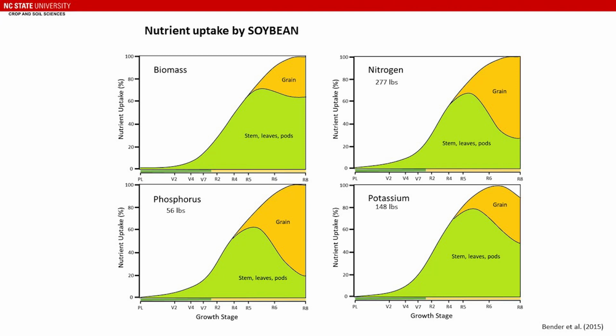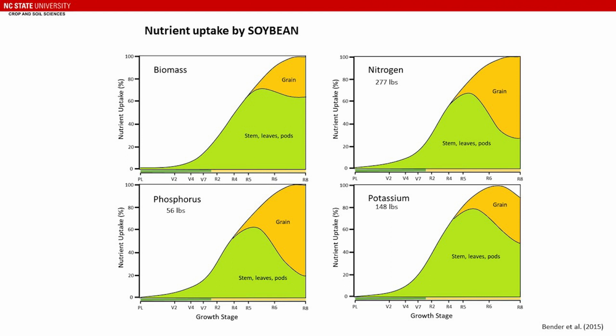But how are these nutrients taken up during the crop cycle? In this first chart is the biomass accumulation. You can see, from planting up to R8, how the plant grows during the cycle.